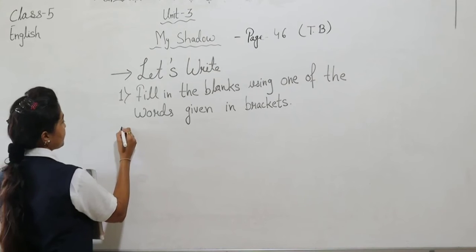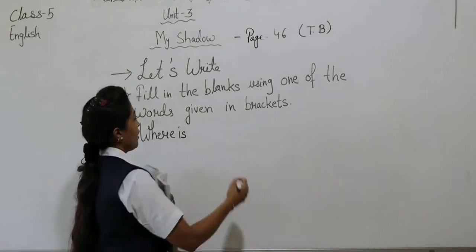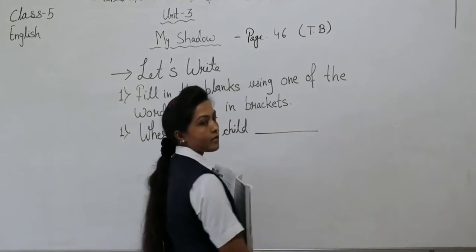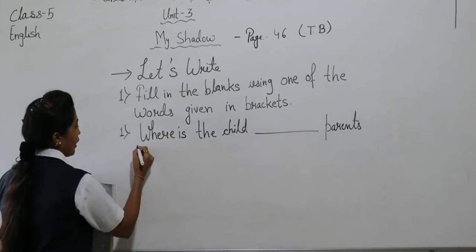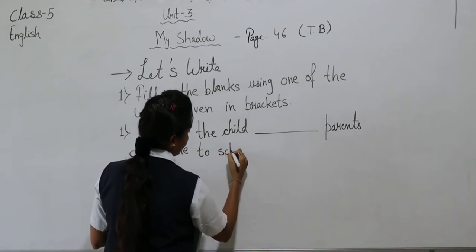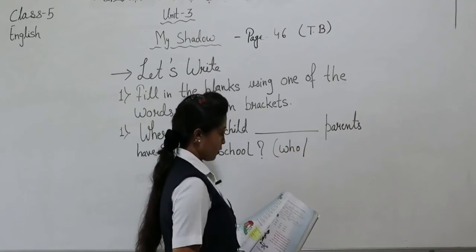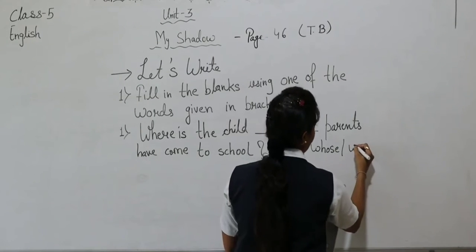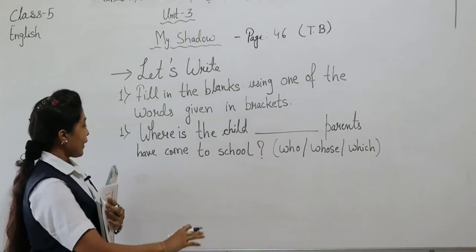So the first one is: where is the child, blank, parents have come to school.